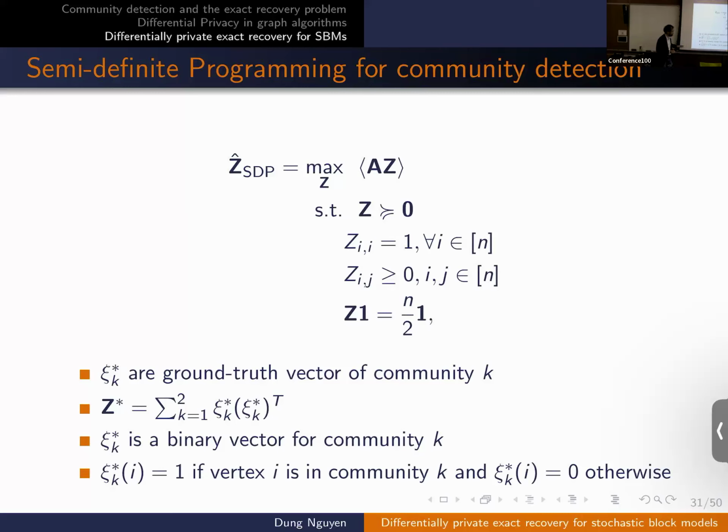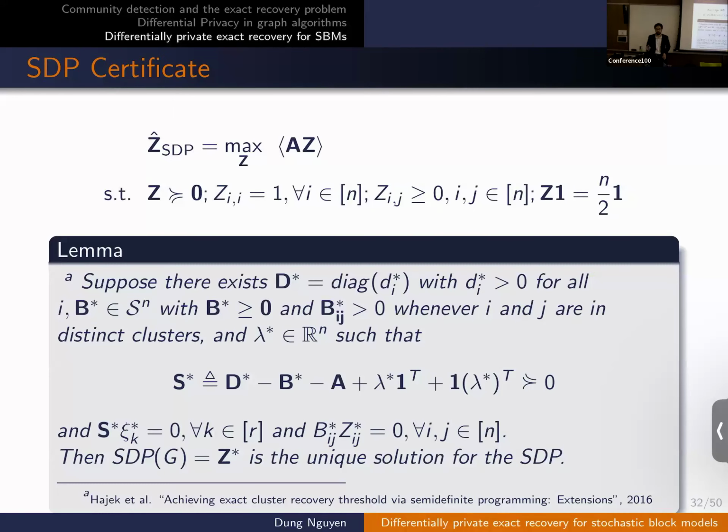Hajek et al. proved an important result for the non-private setting. They provide a certificate, and you can think of it like this: if you can satisfy this condition for the certificate, basically meeting all of the inequalities here, then the SDP, the semi-definite program here, will output Z star, the ground truth matrix, as the unique optimal solution for the SDP.